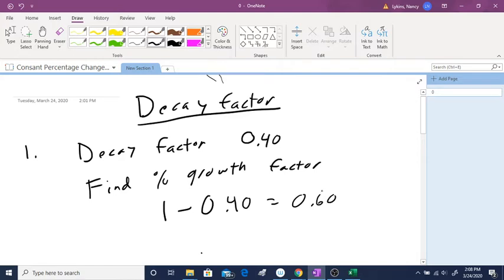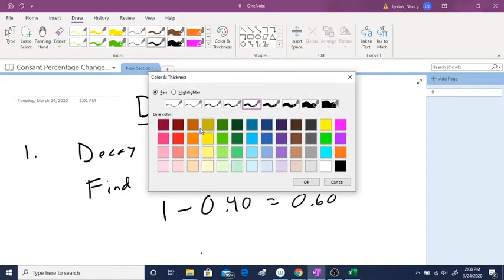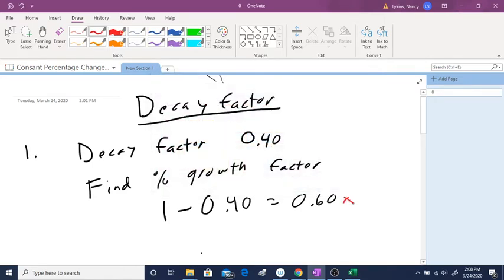That is what our growth factor is. However, we're looking for the percentage. So anytime you're looking for percentage, we're going to have to multiply this by 100. And that means that this is 60%.